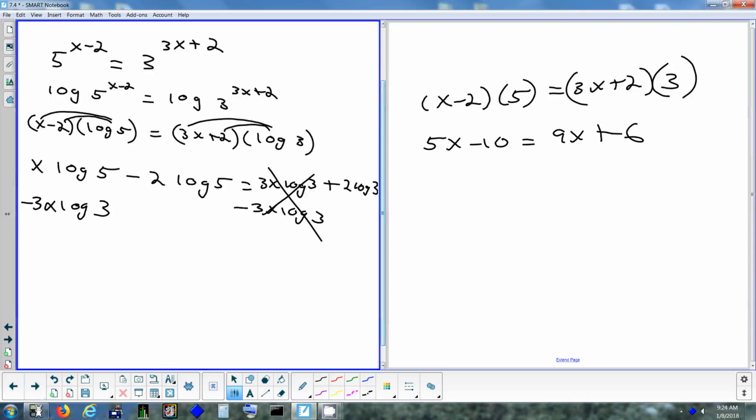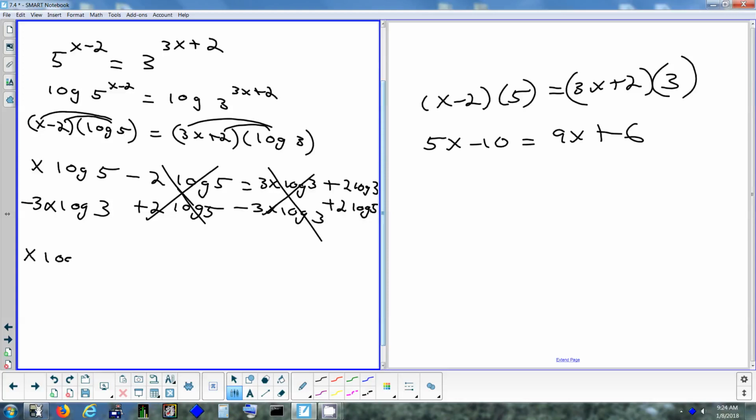There's nothing I can really do to combine those, so I'm just going to leave that. I'll rewrite it nicer in a second, but I can't combine it. If I put all the x's on the left, I'm going to put things without x's on the right. So I'm going to add 2 log 5 to both sides. Again, nothing I can really do to combine it, so we'll just leave it.